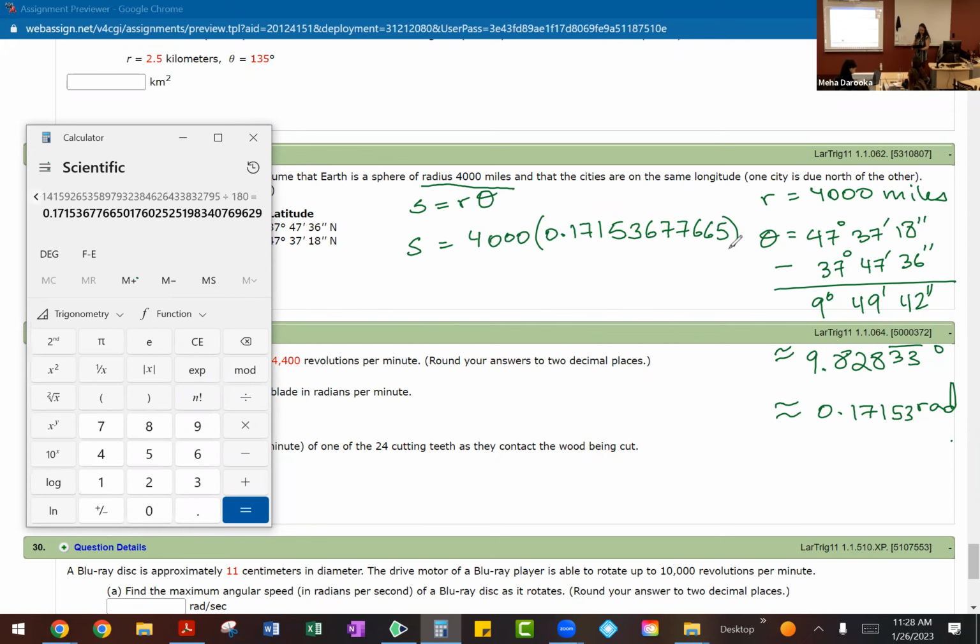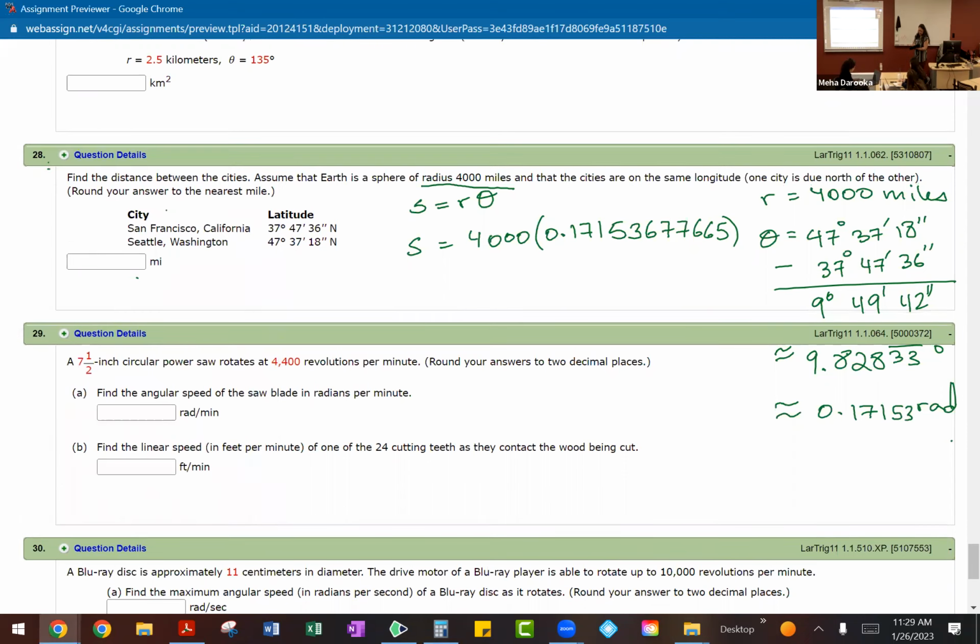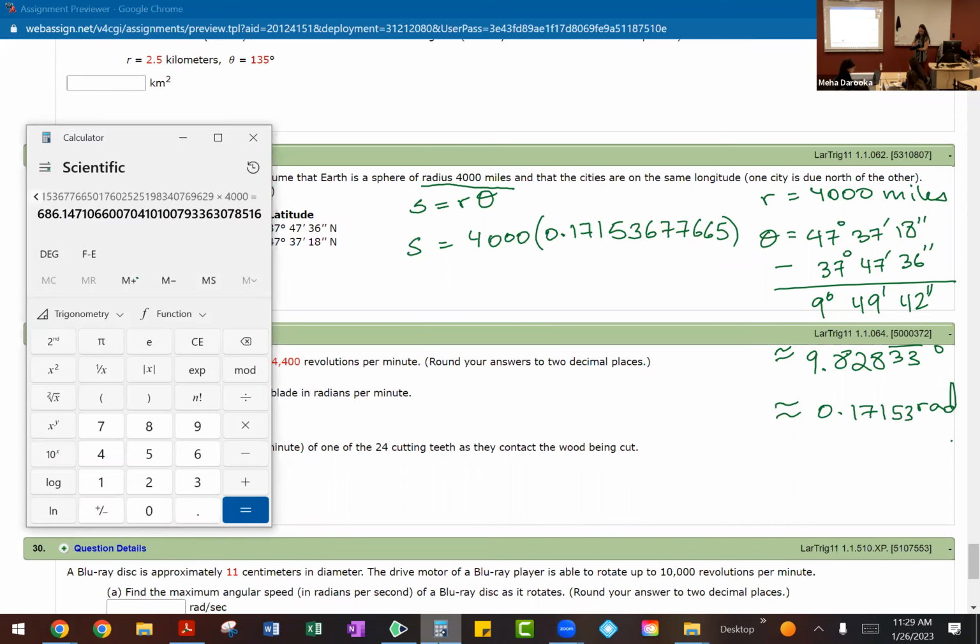You can use the pi divided by 180 factor also to convert your degrees into radians, and then multiply this number by 4,000. And that's going to be your arc length: 686.14710.